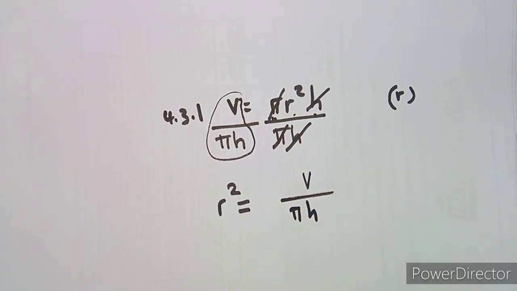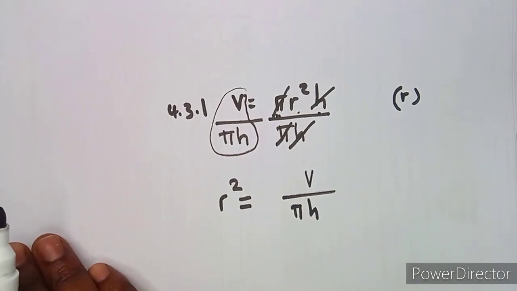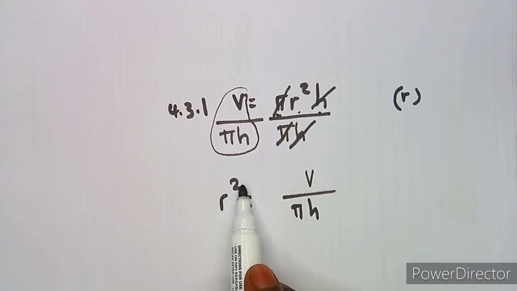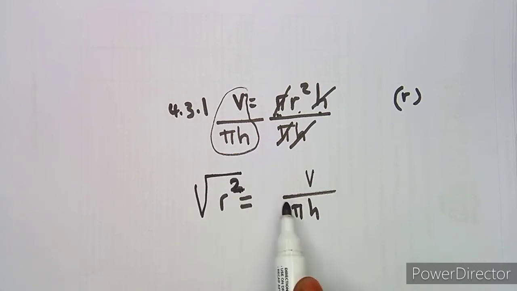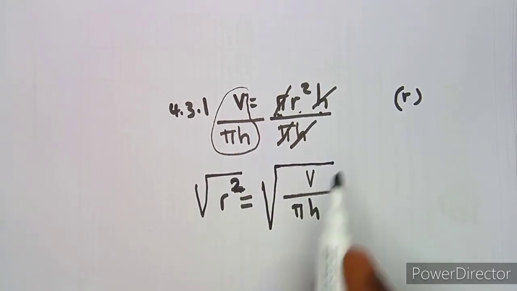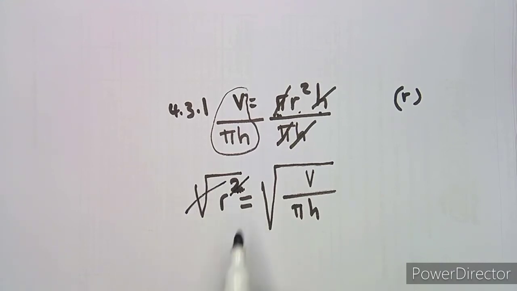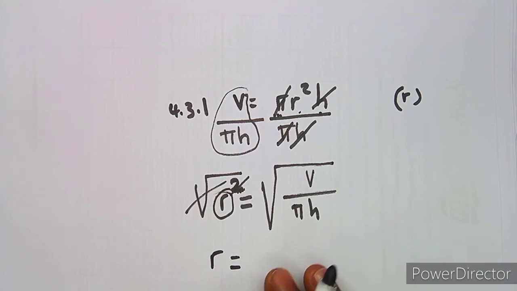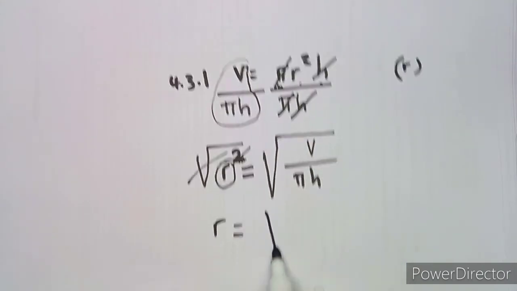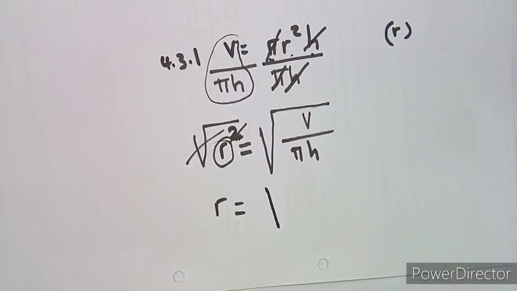All right. So how can I make R to be the subject? There is a square. How do you remove this square here? You introduce the square root both sides like this. So to remove a square, you introduce the square root. Once it's like this, it neutralizes and you are left with R there, which is the square root of v over pi h.